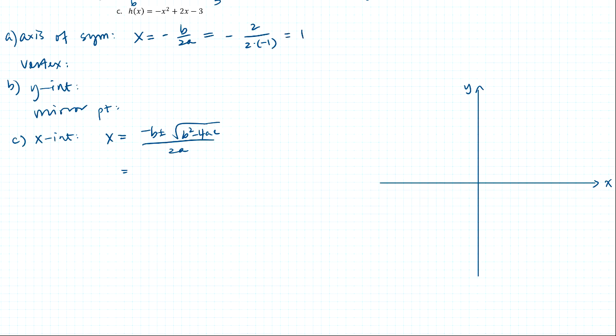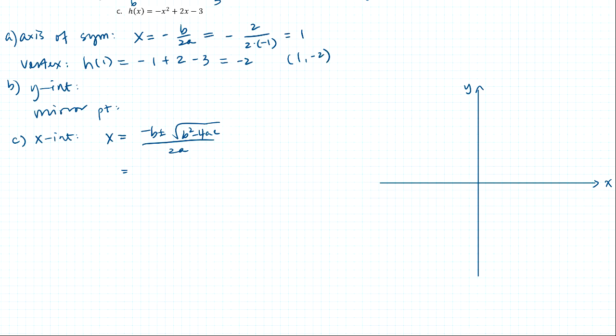And for vertex, using the x-coordinate being 1, we have h of 1, which will give us a y-coordinate. So we get negative 1 squared, which is 1, plus 2 times 1, so 2, minus 3. So as a result, we get positive 1 minus 3, or negative 2. So that tells me the vertex is going to be 1, comma, negative 2.